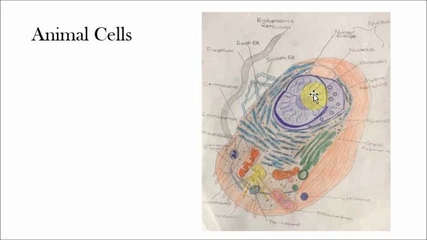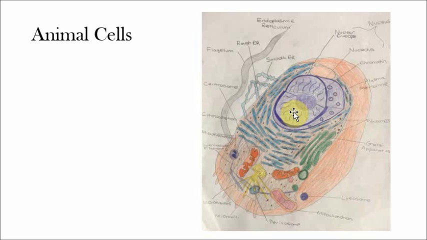Chromatin is what we call DNA when it's loosely uncoiled, and it can be used for its function when it's in this form. There are also little pores throughout the nuclear envelope, and those allow different materials to be exchanged between the nucleus and the rest of the cell.